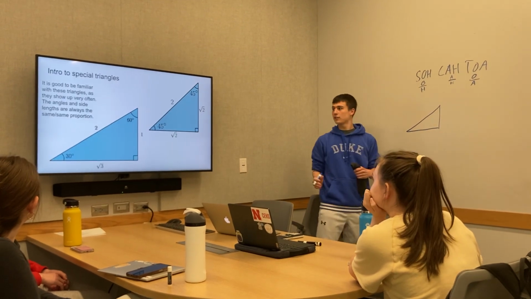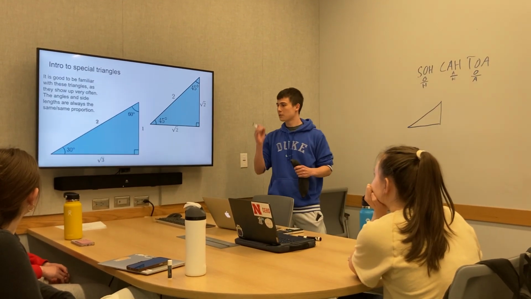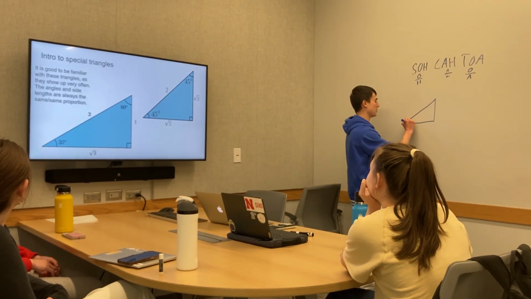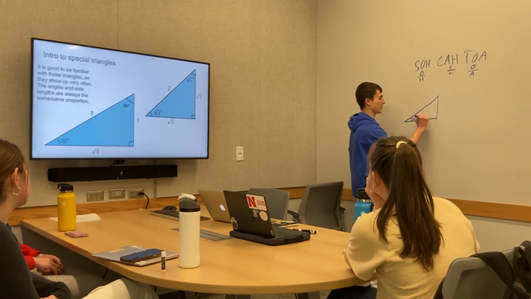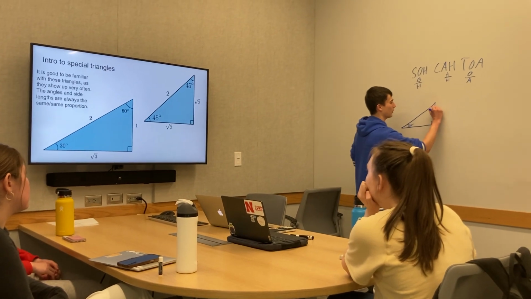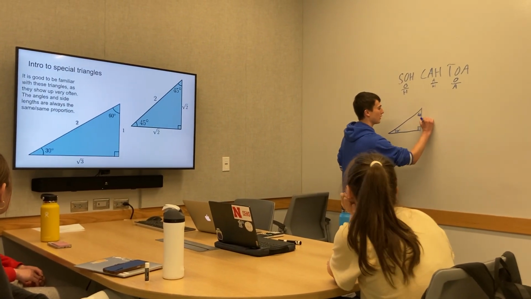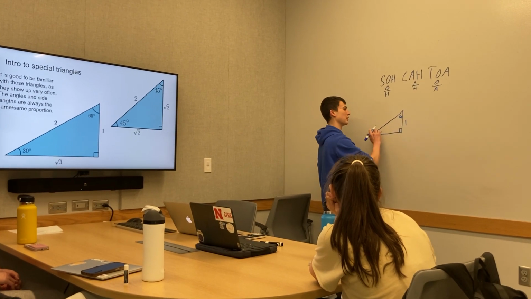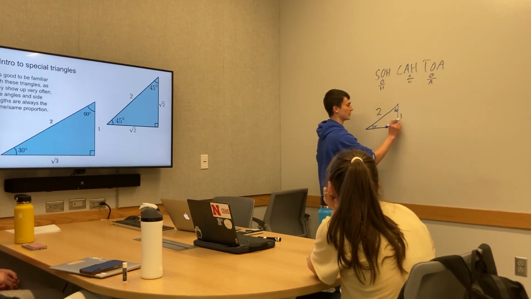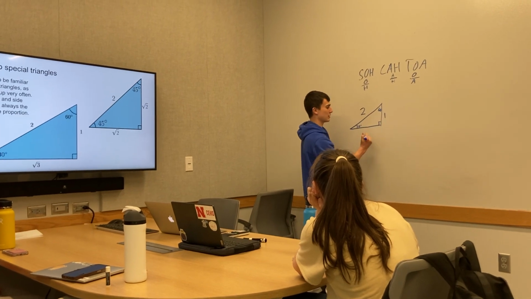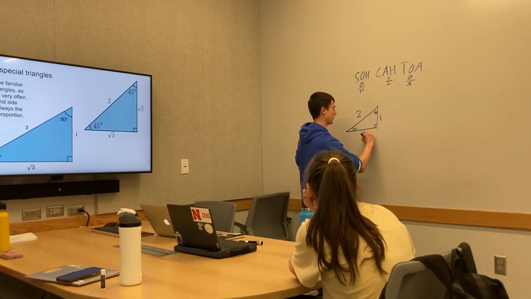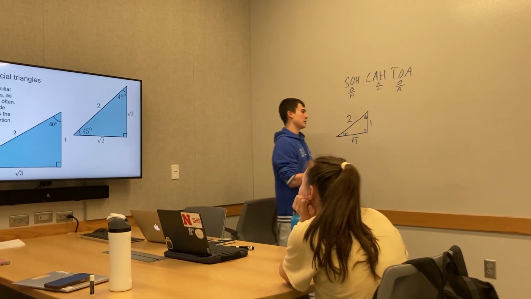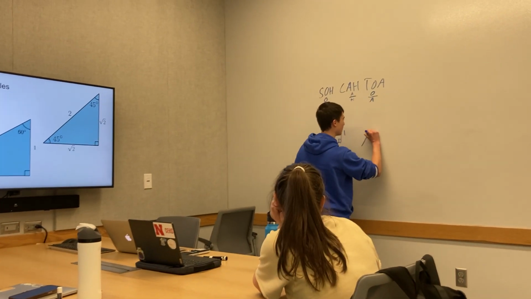And that's a 1, 2, square root of 3 triangle, also 30, 60, 90 triangle, if you want to look at it based on the side lengths or the angles, either one. We know that the short leg of the triangle is 1. We know that the hypotenuse is 2, so the hypotenuse is double this leg, and this is square root of 3. And once again, we could use the Pythagorean theorem to prove that, but I'm not going to do that because we already know that it works.